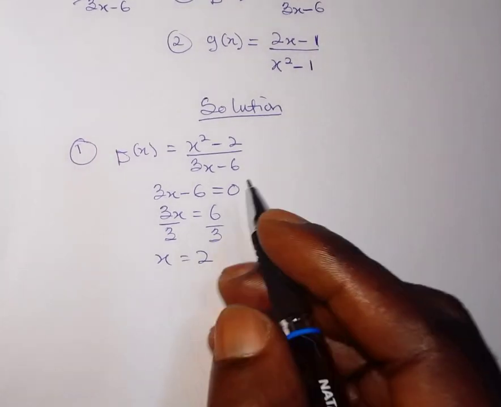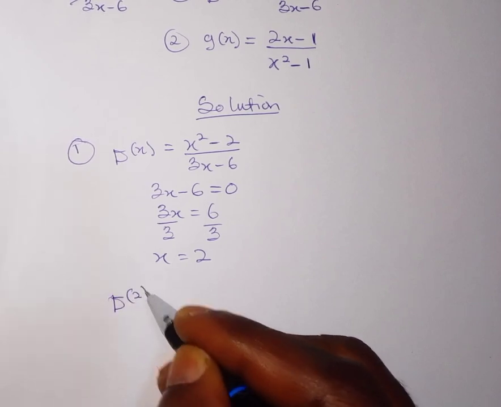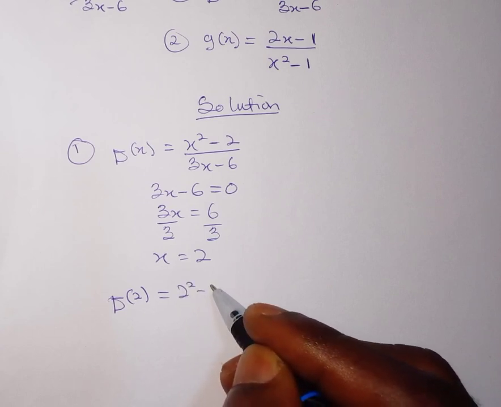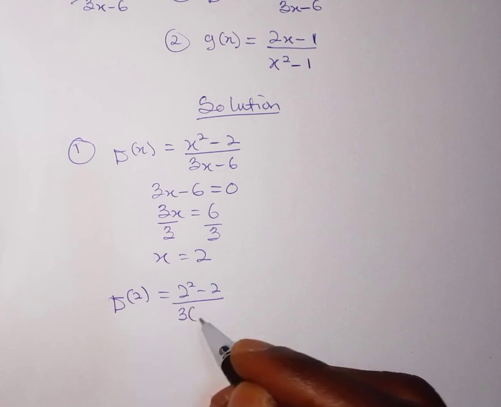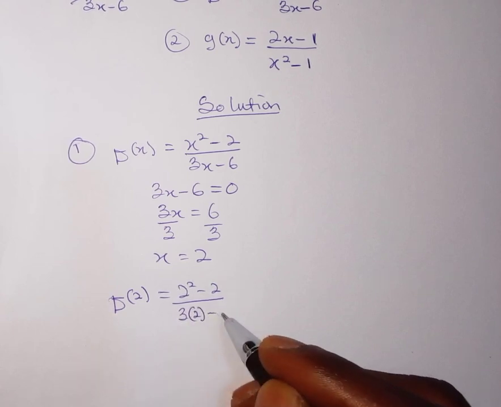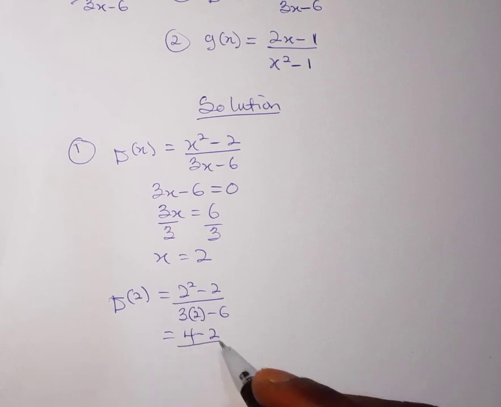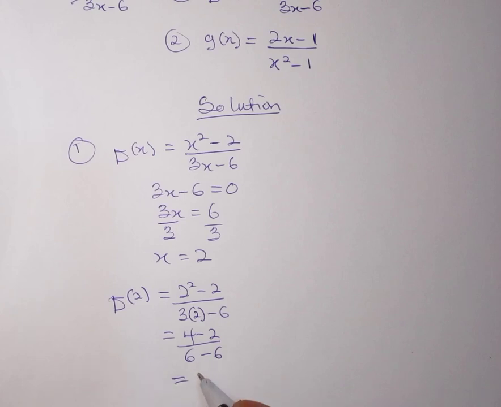Let's substitute and see. I'm going to plug 2 into the function, then I'll have 2 squared minus 2 all divided by 3 multiplying 2 minus 6, and this gives me 4 minus 2 divided by 6 minus 6, which gives me 2 divided by 0.